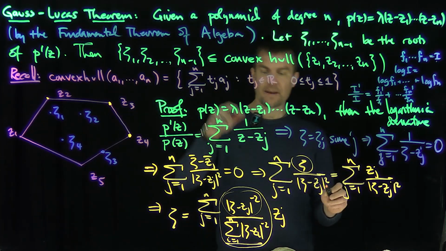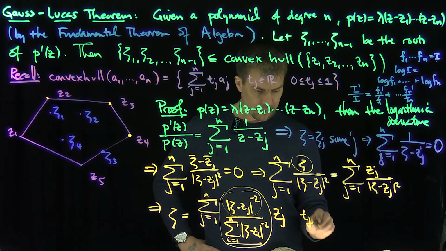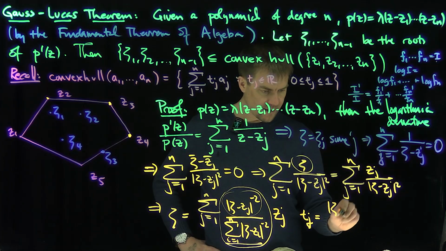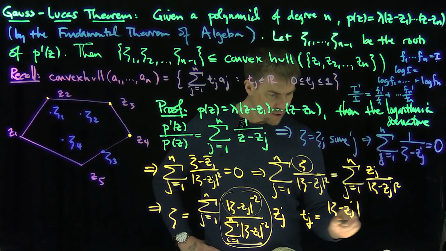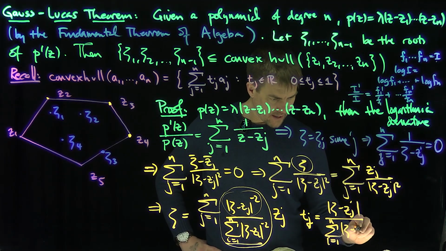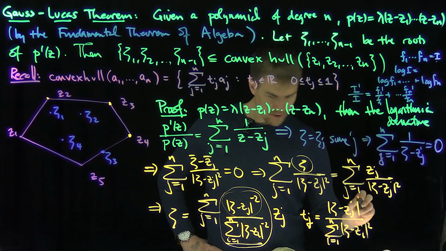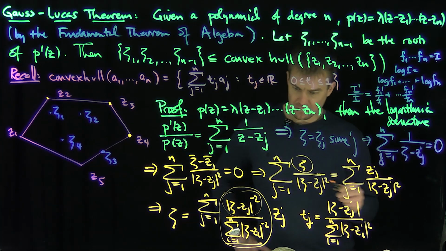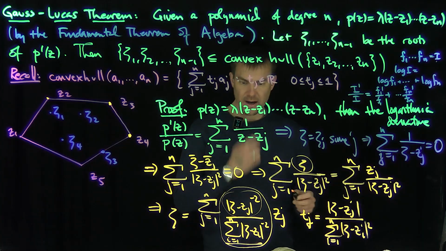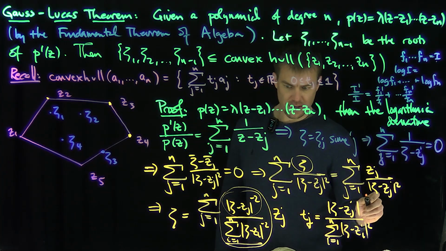So in other words, what's my combination? My tj here is going to be zeta minus zj to the negative 2 over the sum i goes from 1 to n of zeta minus zi to the negative 2. Do I have this right? Yeah, negative 2, negative 2. So I need a negative 2 over here and negative 2 over here.